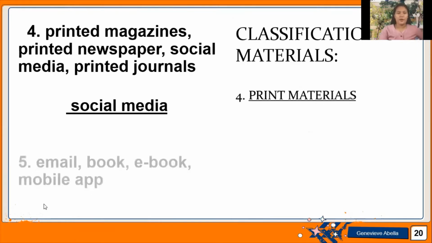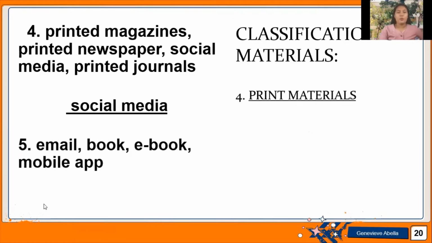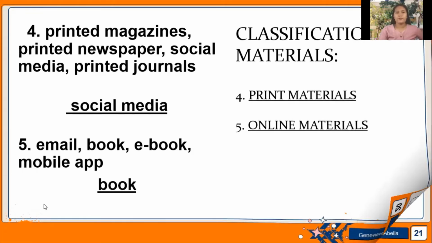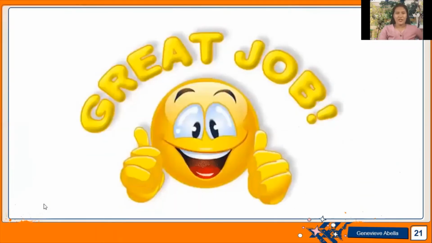Now, next number, email, book, ebook, and mobile app. Which of the following does not belong to the group? That's right. It is the book. How do we classify the remaining materials? Very good. These are online materials. You did a great job.